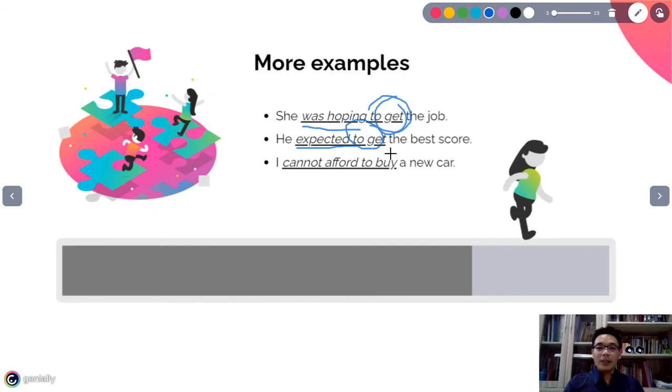It also applies to the last sentence, to buy. You can say, I cannot afford to buy the car. I couldn't afford to buy the car. She couldn't afford to buy the car. You can change the verb according to the tenses, according to the subject, but you don't change the to infinitives.